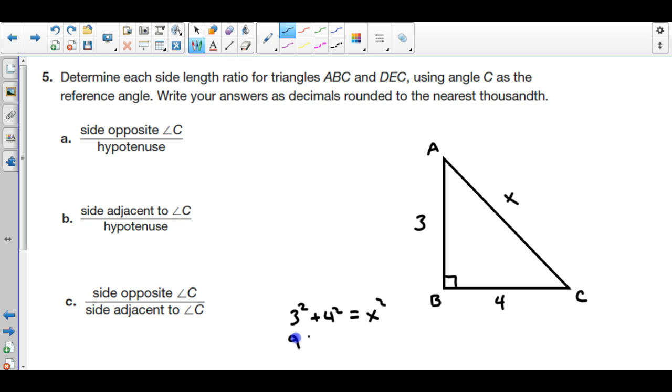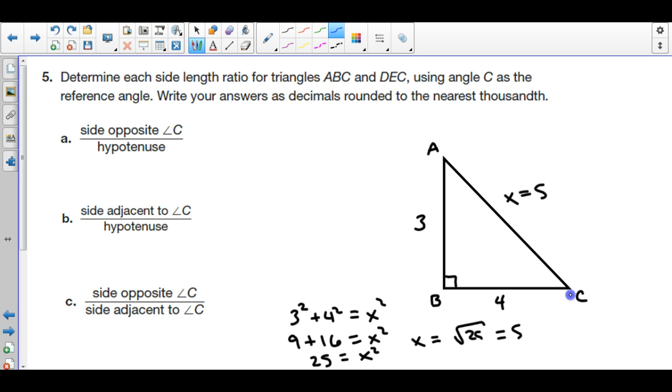So 3 squared is 9, 4 squared is 16, and that equals x squared. Together, this is going to total 25. So if x squared equals 25, when you take the square root of 25, x is going to come out to 5. Okay, so my hypotenuse is going to be 5.